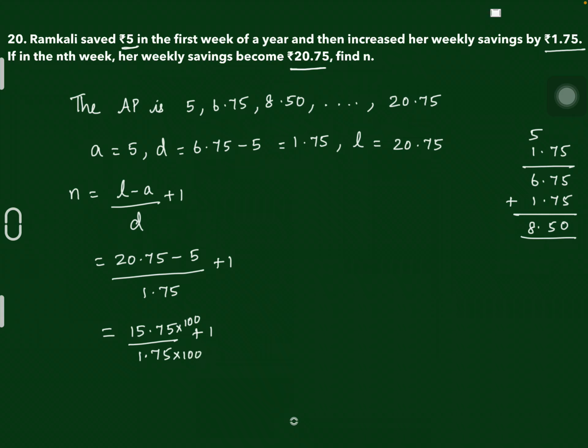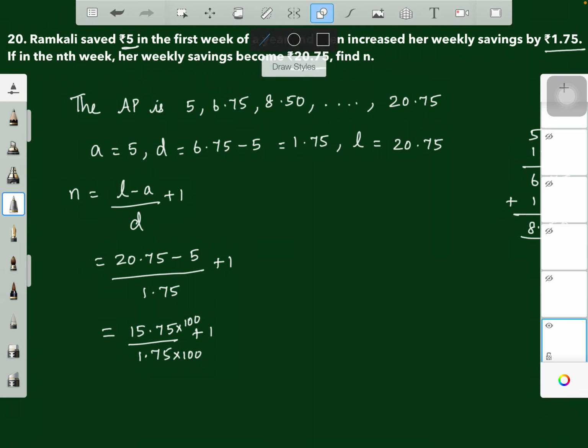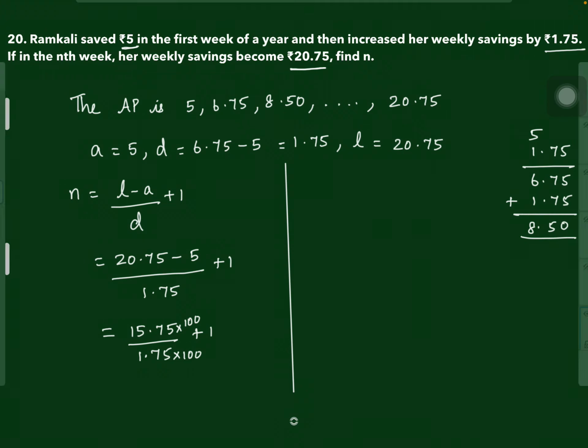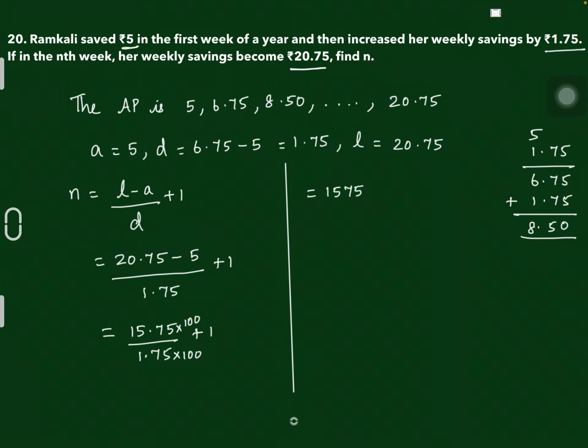Here there are 2 decimal places, so I multiply the numerator and denominator by 100. So 15.75 into 100 becomes 1575 by 1.75 into 100 is 175 plus 1.